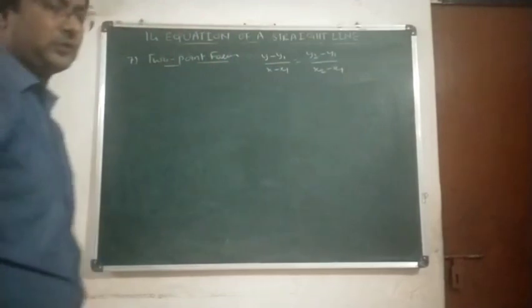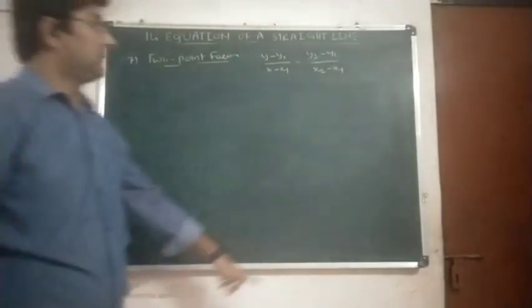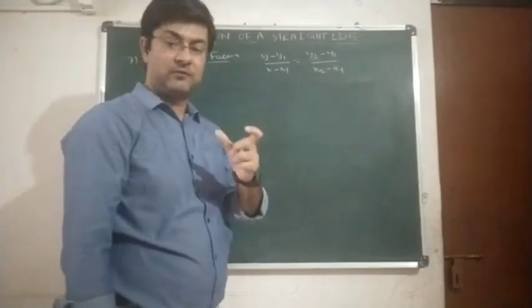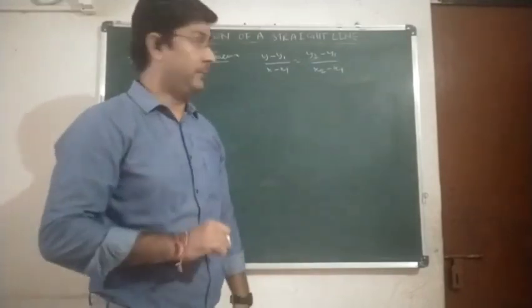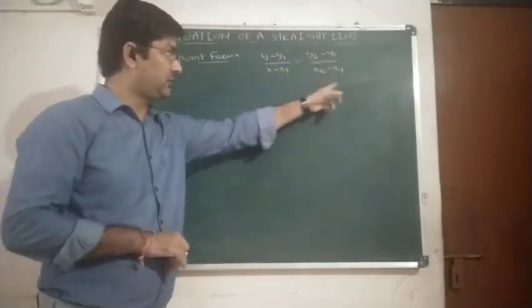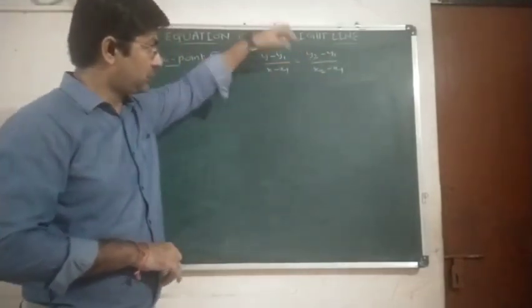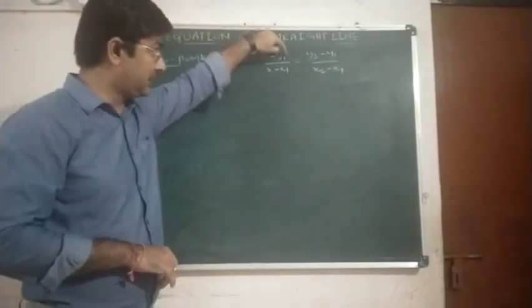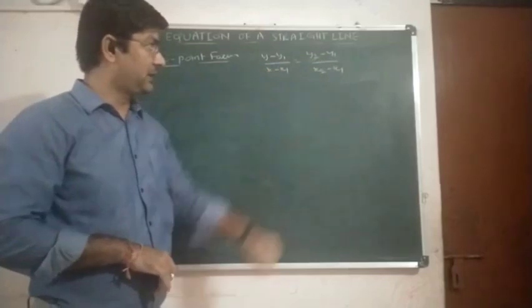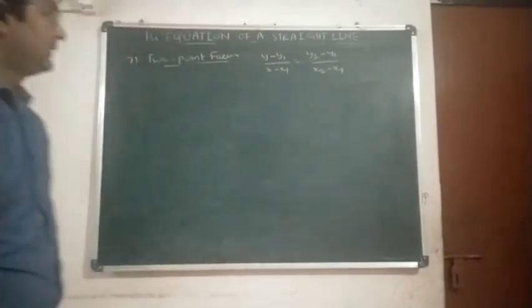This formula is called the 2-point formula. Remember that here y2 minus y1 upon x2 minus x1 is the formula to calculate the slope m, that we saw in the beginning. So in place of this we can put even m. Yes or no? So it becomes y minus y1 upon x minus x1 is equal to m, or y2 minus y1 upon x2 minus x1.